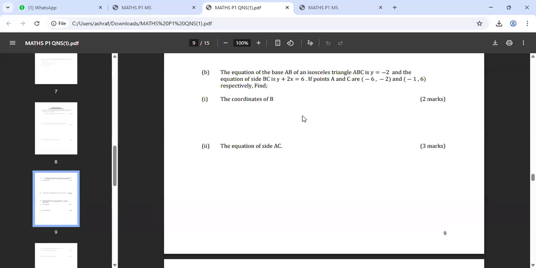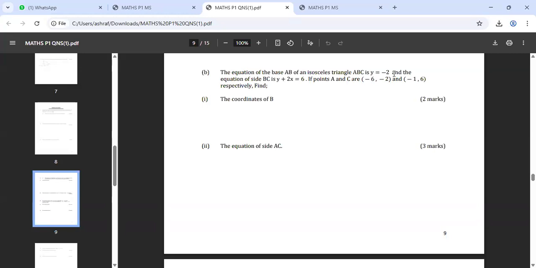Point B is the point of intersection of which lines? You do the simultaneous equation of the equation of side BC and AB. The equations might not be the same, only the sides are equal in length.